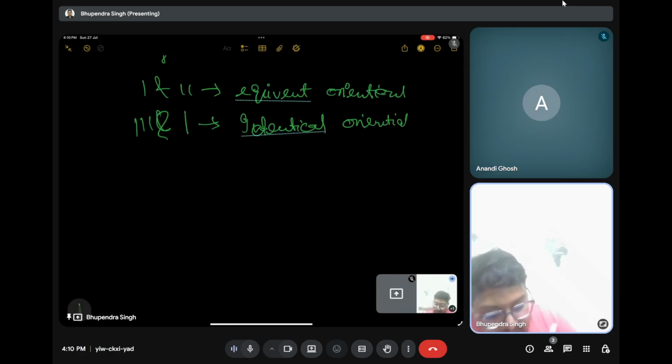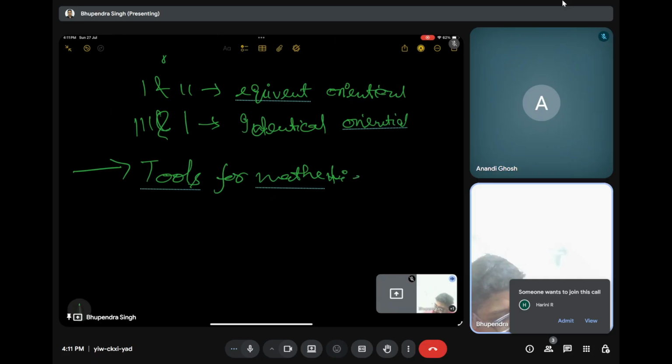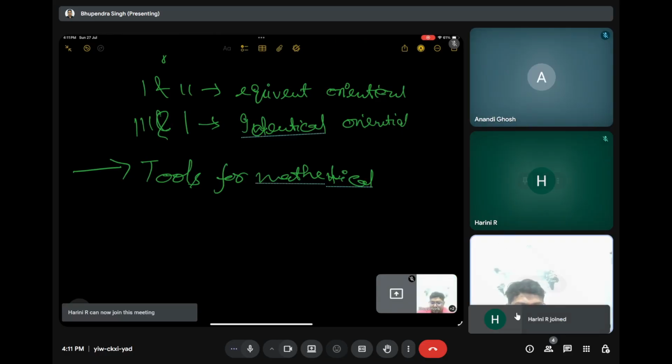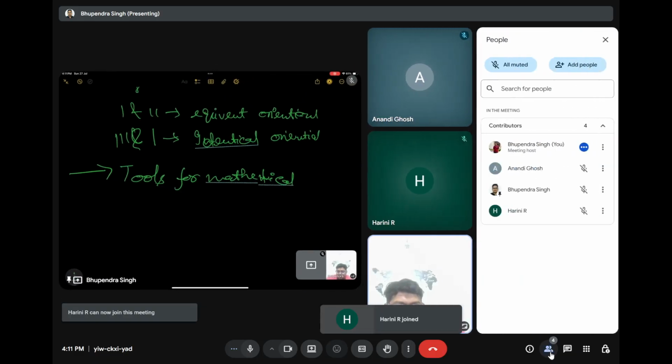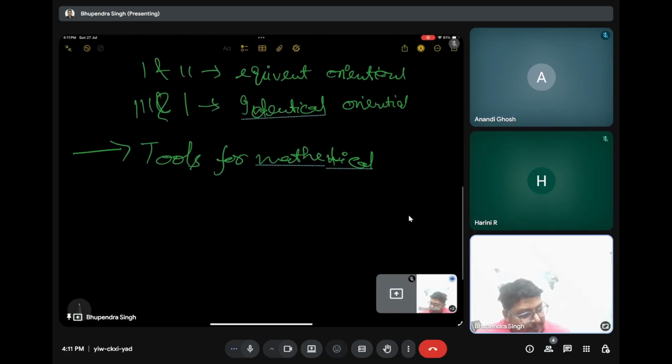Now, what are the tools for the mathematical study of symmetry?